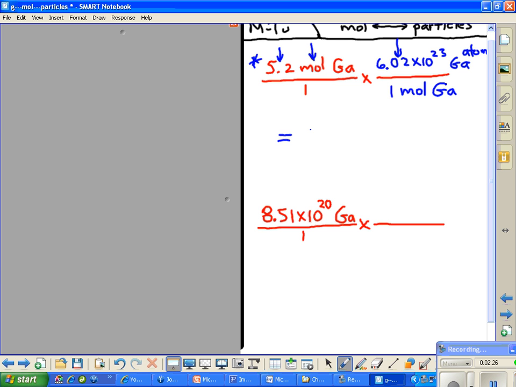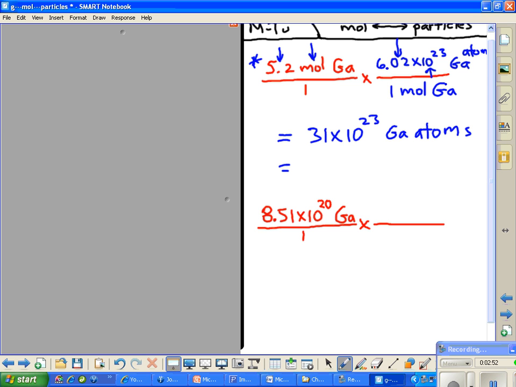So it comes out to 31, and then we also have to take into account that power of 10. So we're going to put that in over here, 10 to the 23rd. And that's going to be gallium atoms. Now we want to change this to scientific notation.